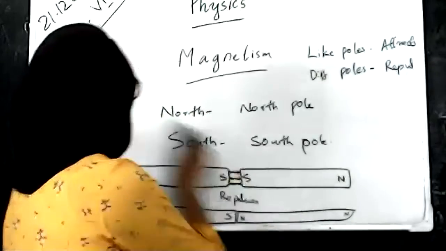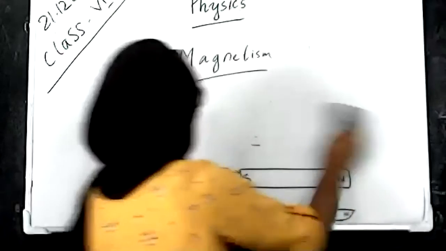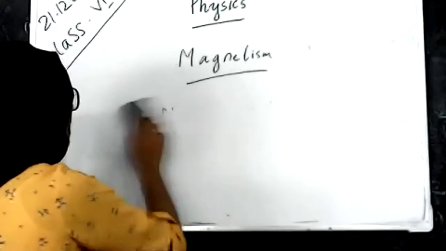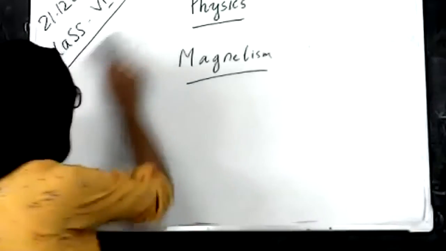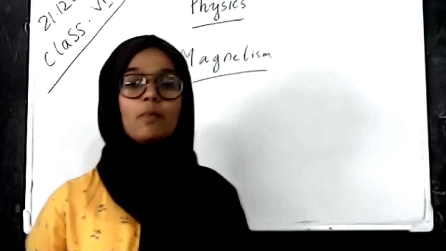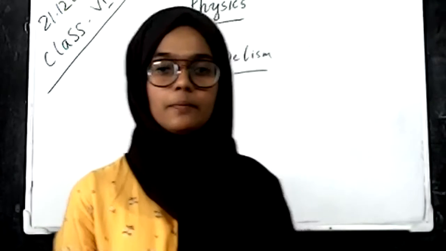Okay, so this is about the attraction and repulsion of a magnet. Like poles are repelling each other, and unlike or different poles are attracting each other.